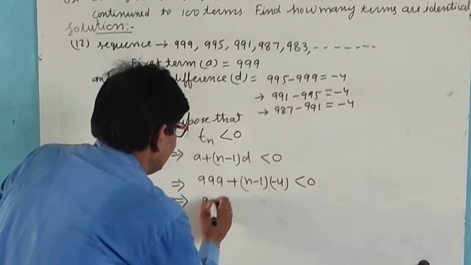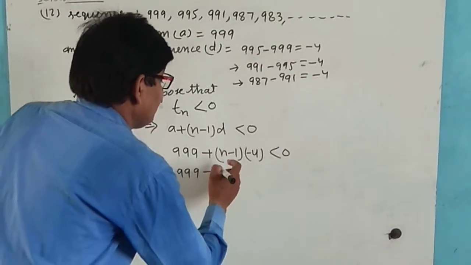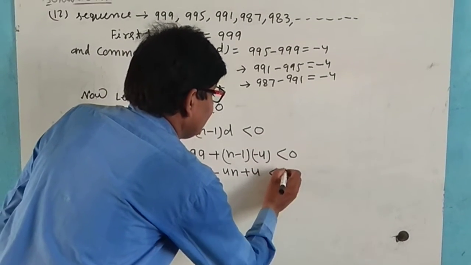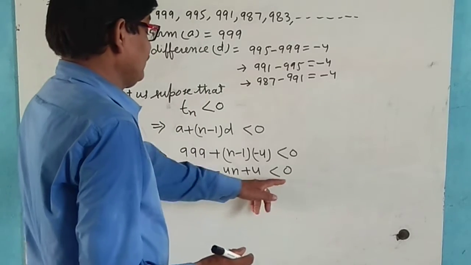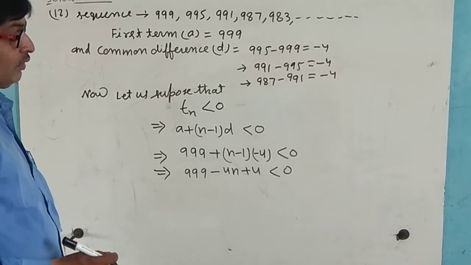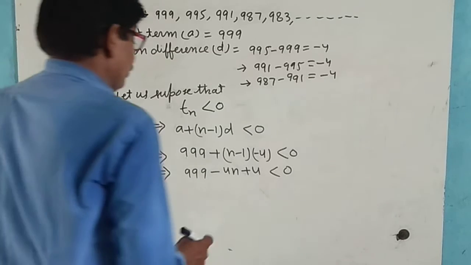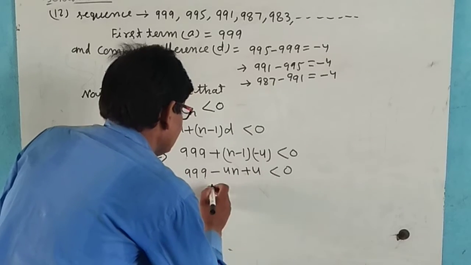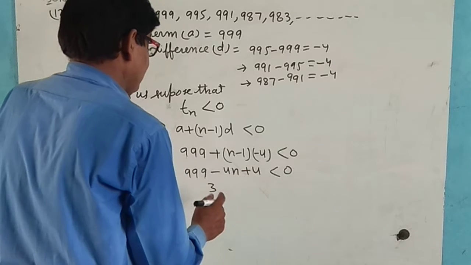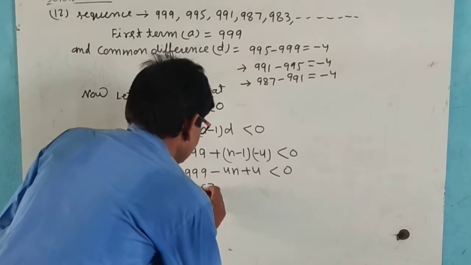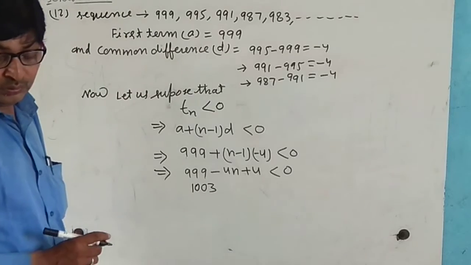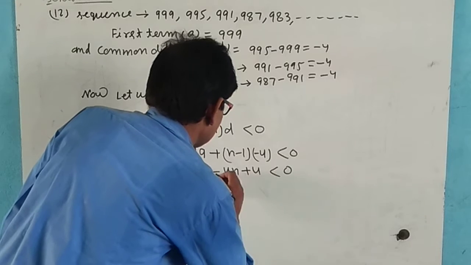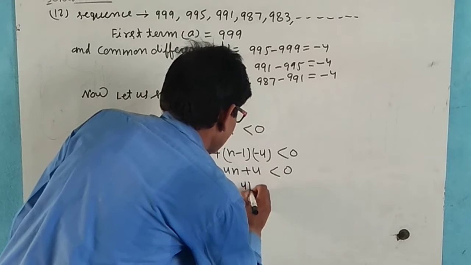Here this is 999 minus 4n plus 4 less than 0. This is 1003 less than positive 4n.